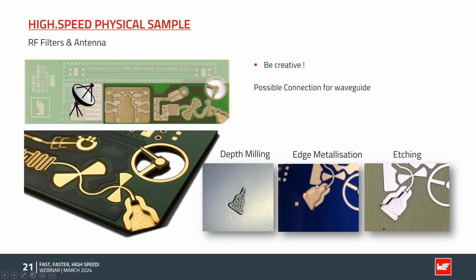In the galvanic, we did an edge metallization, so the edge of this is fully metallized and provides very good shielding, if you need shielding for this structure, and in the etching process, it is finalized. It's a fictional connector.